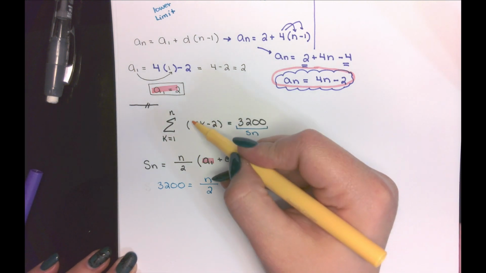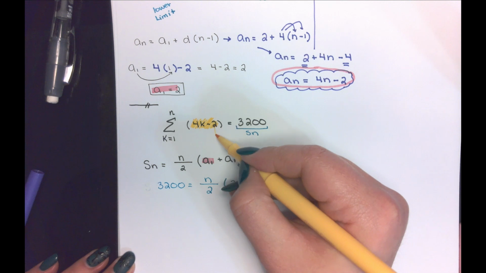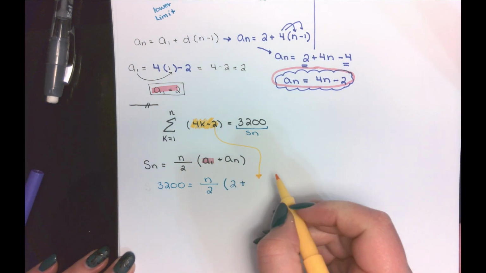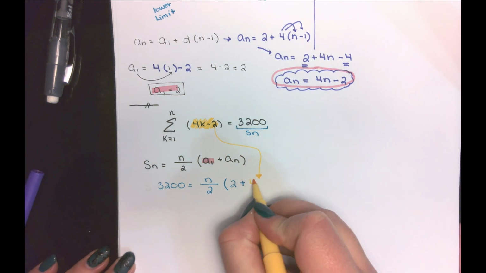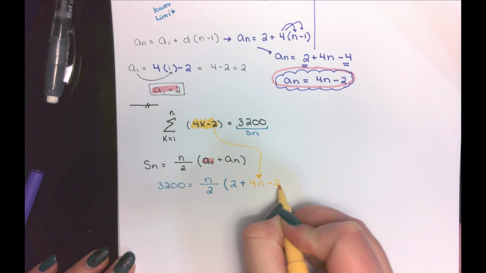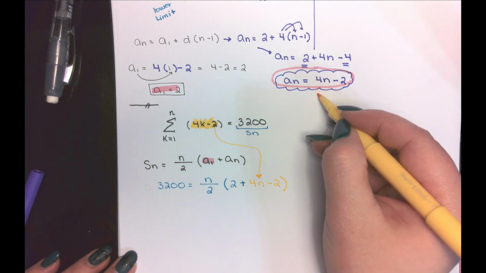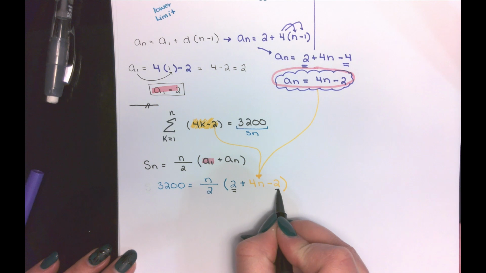You're going to take this equation, you're going to bring it down, but instead of writing k, you're going to write n. That n kind of magically happens, and that's okay. It's the same thing. Just write it as n. We need n.